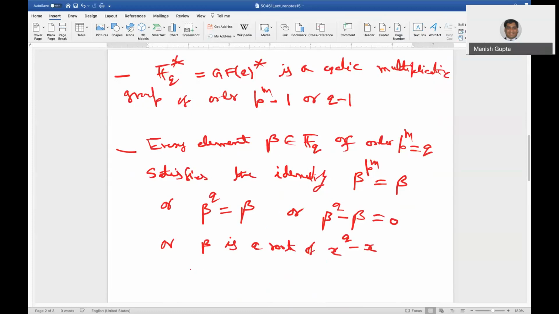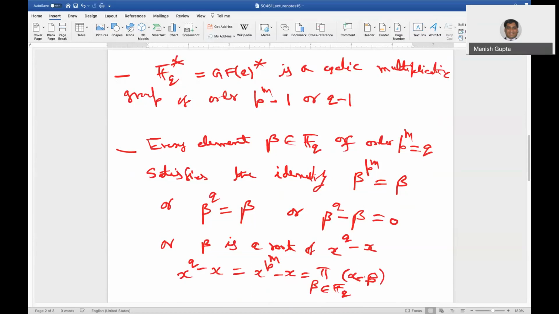In fact, we can write down that x raised to power q minus x is the same thing as x raised to power p raised to power m minus x, which is the same thing as the product over beta in F_q of (x minus beta). This is a very interesting result that every element beta of the finite field of order q satisfies the identity beta raised to power q is equal to beta.